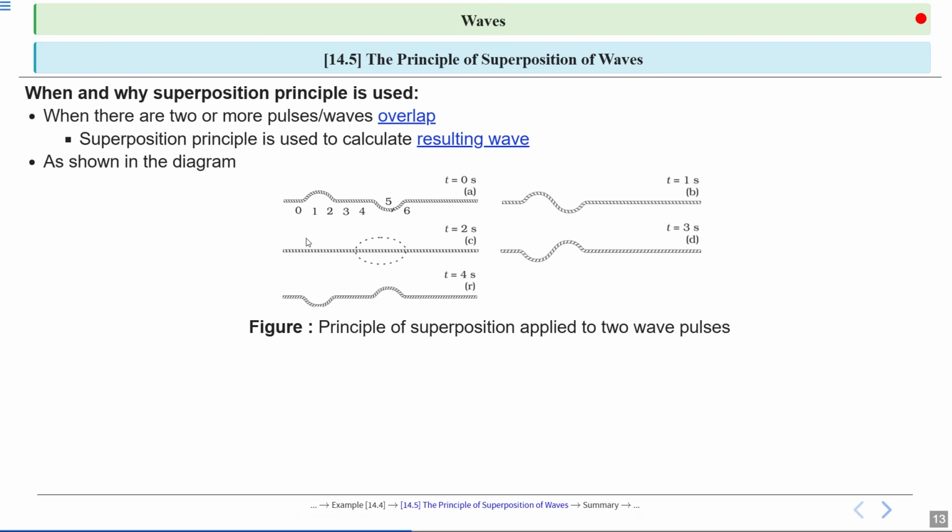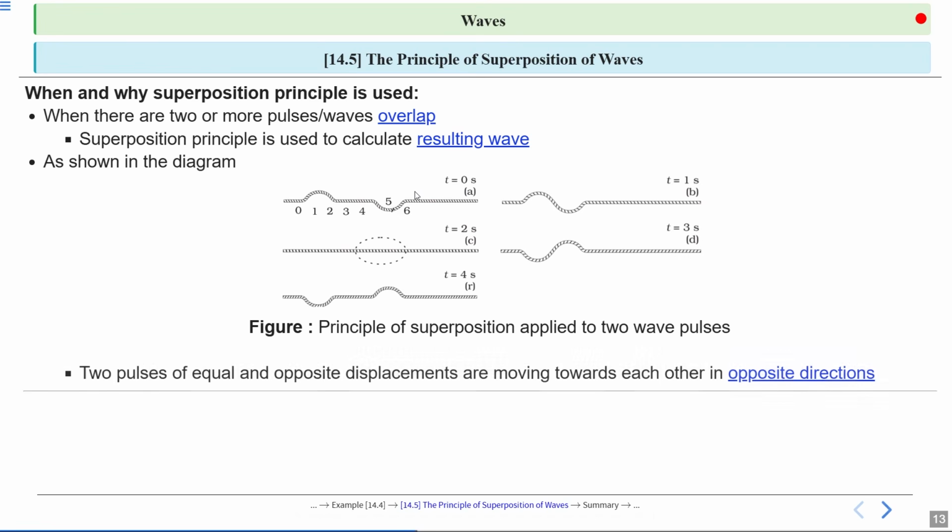So if we talk about A, in this example, both pulses have equal but opposite displacements and are moving towards each other in opposite directions. Alright, when they overlap, their displacement will add up algebraically. Alright, so if one is positive and the other is negative but equal in size, they will cancel each other out at the point of overlap.